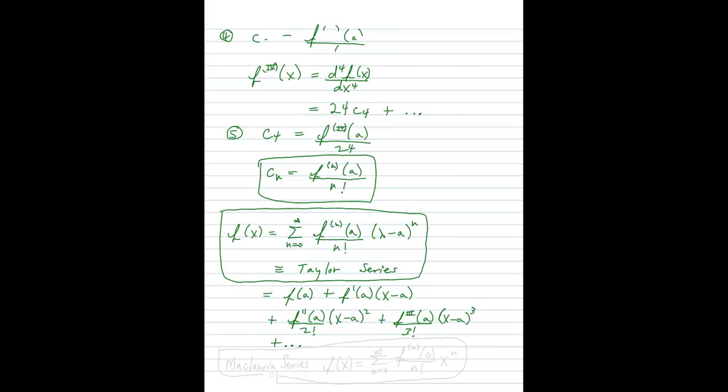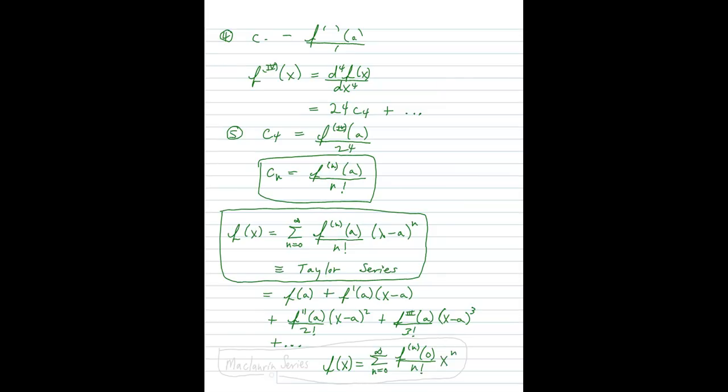And what that tells us is if we evaluate the Taylor series at a equals 0, we can rewrite the summation in a different manner. And so what that gives us is f of x equals the sum from n equals 0 to infinity of the nth derivative of f evaluated at 0 over n factorial times x to the n.